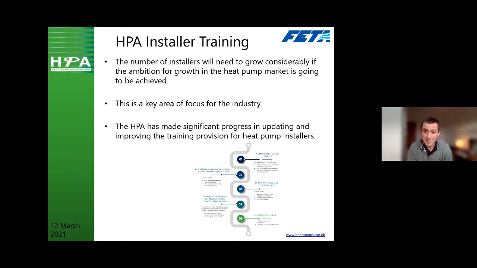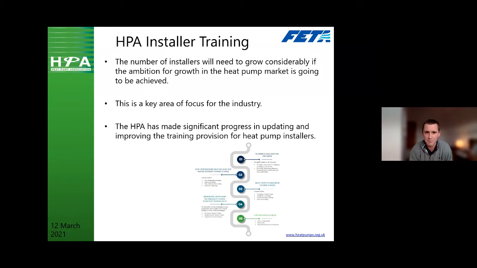And then this is my final slide, and it's really just a quick insight into the HPA's current work and where we think the priorities lie. So as well as pursuing a lot of the policy work that I showed on that graph a couple of slides ago, a key focus for us is our work on installers. It's absolutely critical that the installers possess the skills, and there's the base of skills required to ensure that the heat pump market can grow, and that these levels of deployment can be reached.